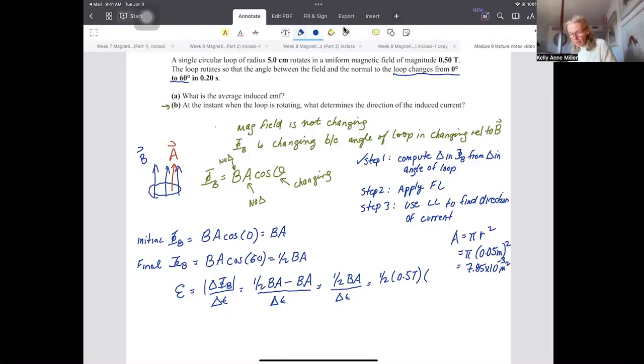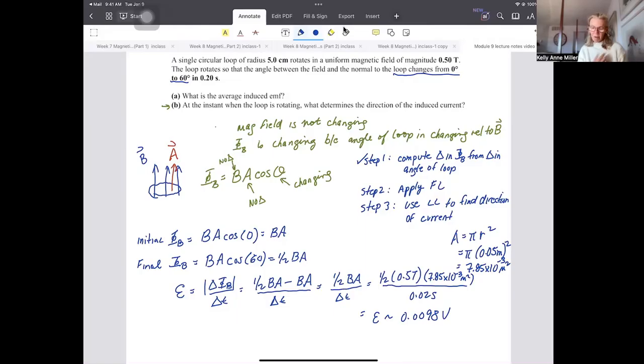I'm just going to plug that in here: 7.85 times 10 to the negative 3. And then I'm going to divide that by the time, 0.02 seconds. And so the EMF will be about 0.0098 volts.